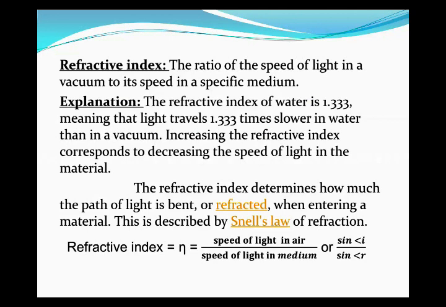When light passes from a rare medium to a denser medium, it bends. But what is the reason? It is due to the medium, and due to the medium the speed of light changes.